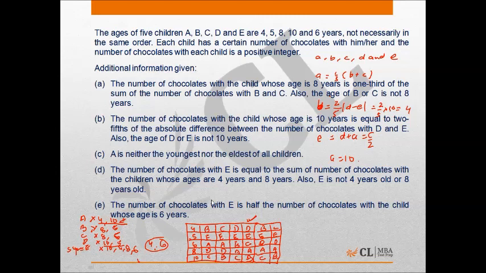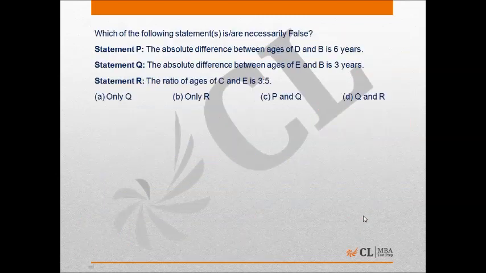The absolute difference between ages of B and D in the first case is 8 minus 4, which is 4 years. In the second case, it is 2. In the third case, it is again 2. In the next case, it is 6. So statement P cannot be false, as the absolute difference between ages of D and B can be 6 years.